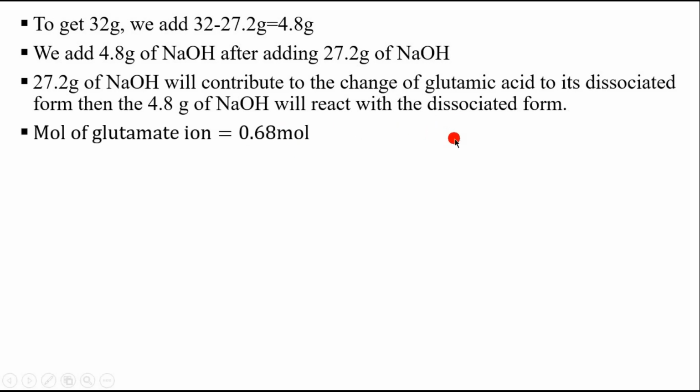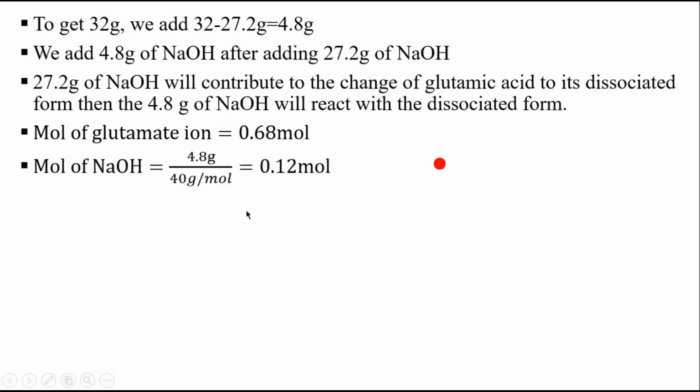In this case, we no longer have glutamic acid; we have moles of glutamate, because all glutamic acid has transformed to glutamate ion. Then you have 0.68 mole. Now we determine the moles of sodium hydroxide, but only for the 4.8 part, because the 27.2 part has contributed to the change of glutamic acid to glutamate ion.